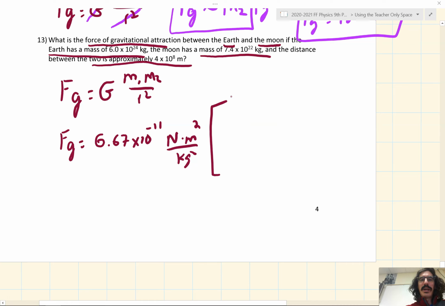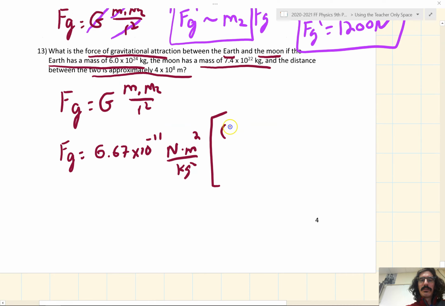And that's times m1, which we could say is Earth, 6.0 times 10 to the 24th kilograms, times m2, the mass of the moon, 7.4 times 10 to the 22 kilograms.